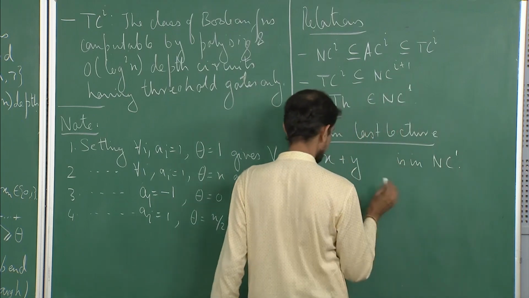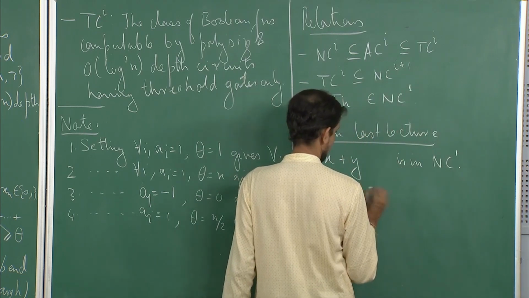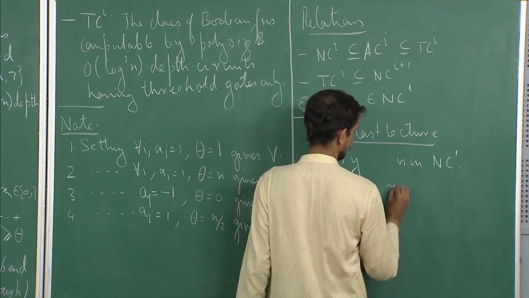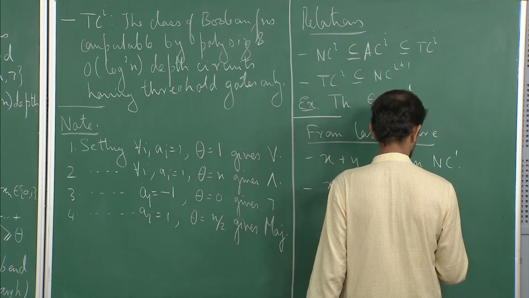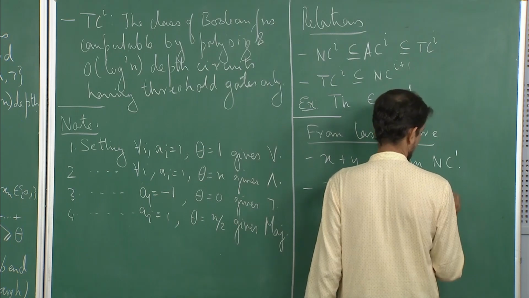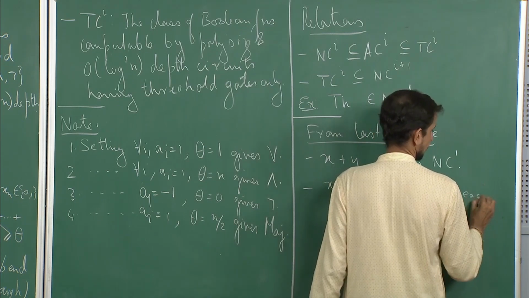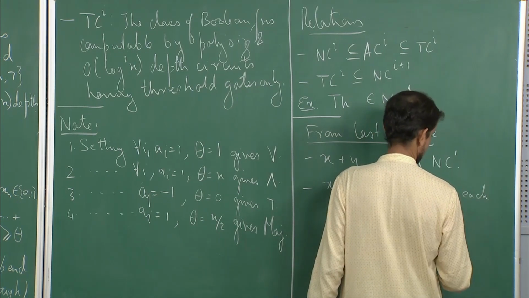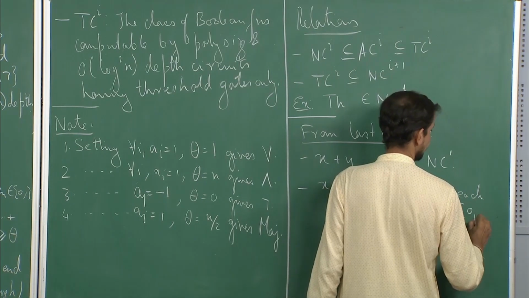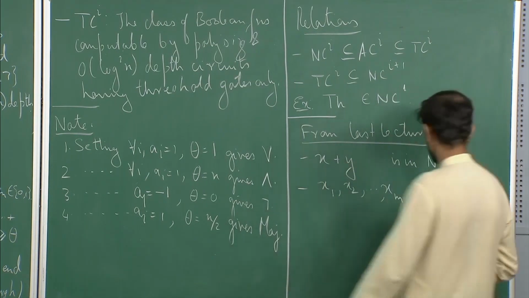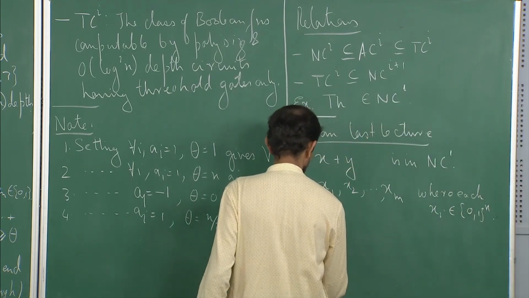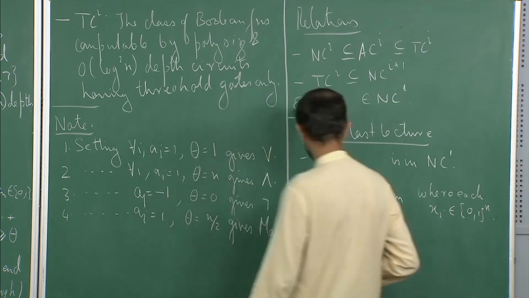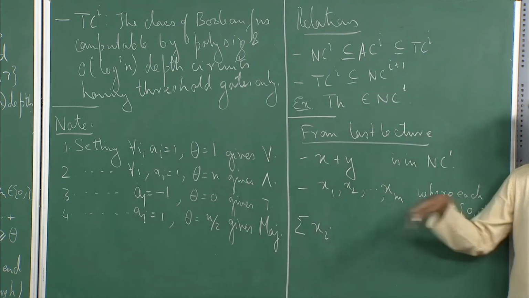So if we have m numbers x1, x2 up to xm, where each xi is an n-bit number, and we want to compute sigma xi, what was the complexity of this operation?